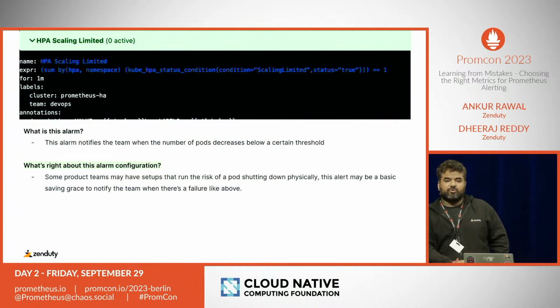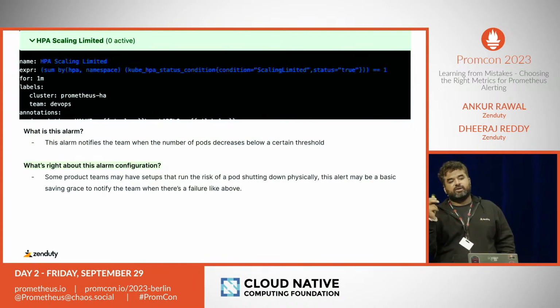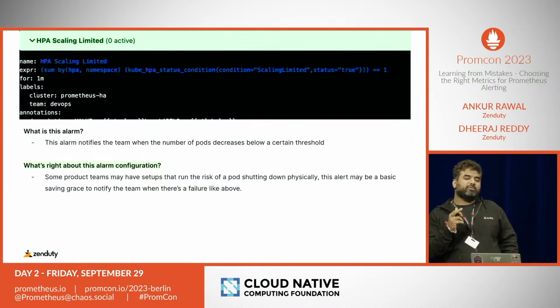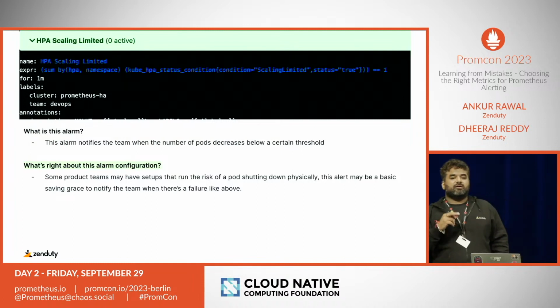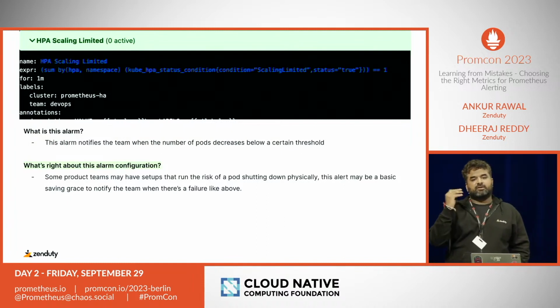So you would want to keep track of when you're hitting that minimum number. And when you set this alert with desired capacity equal to the minimum number, you will get a lot of noise. So the ideal way would be to keep your desired capacity slightly higher than your minimum number, but keep track of your replicas hitting the minimum number.